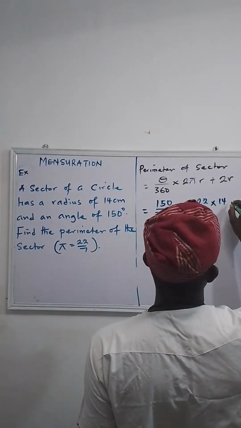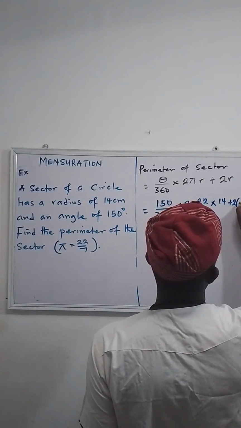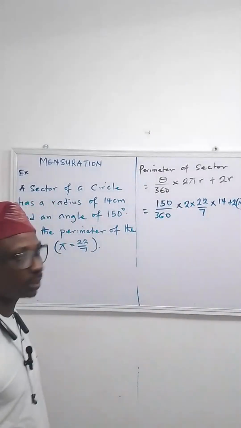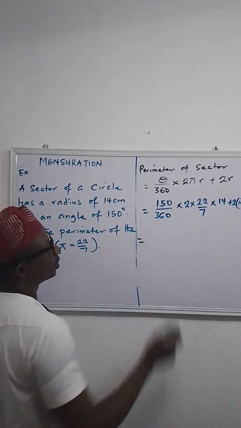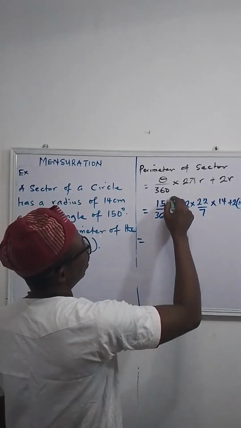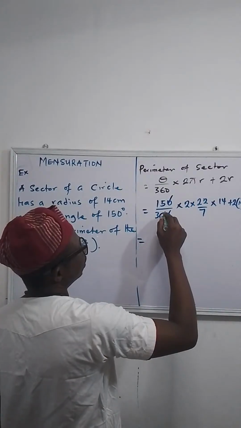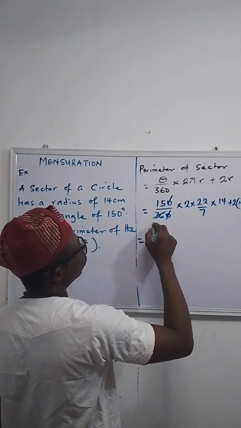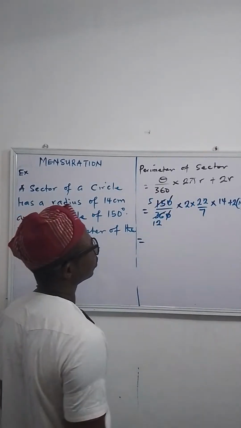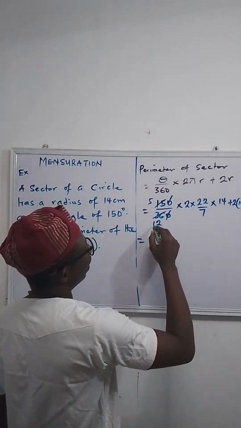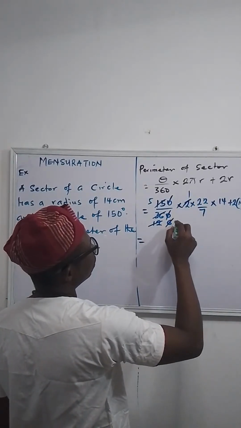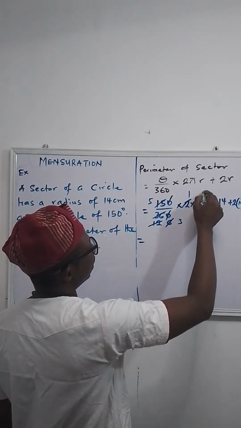Okay, so plus 2 times 14. Okay, can you see that now? So now let us simplify. So now 0 cancels 0 here. 3 goes here is 12. 3 goes here is 5. Okay, so now 2 goes here is 6, 2 goes here 1, 2 goes here 3, 2 goes here 11.